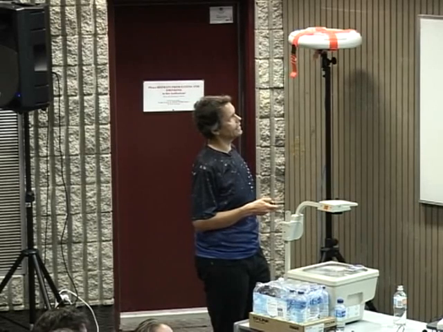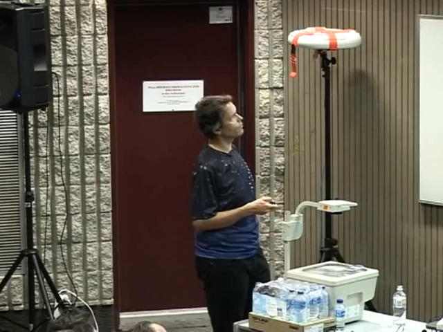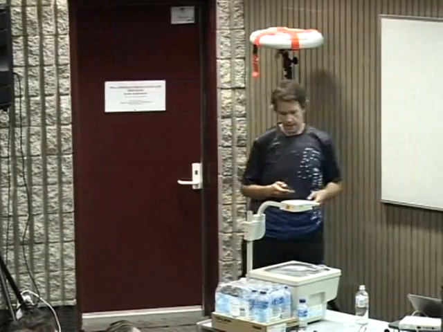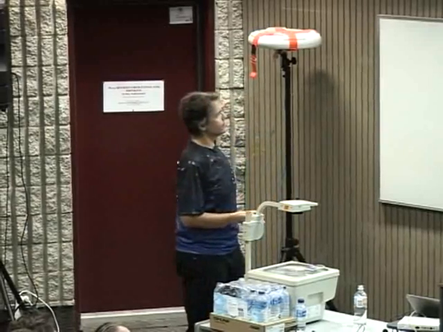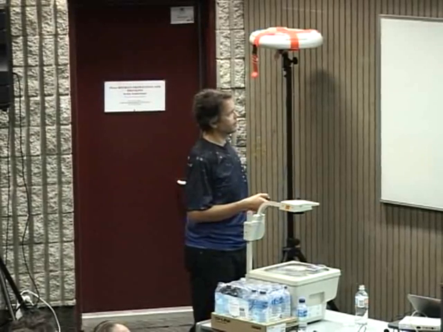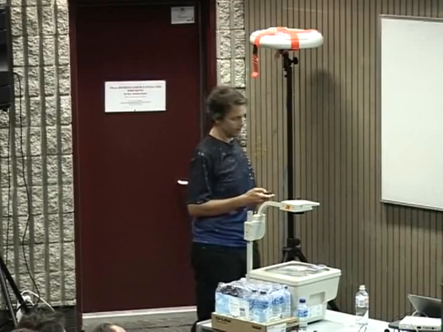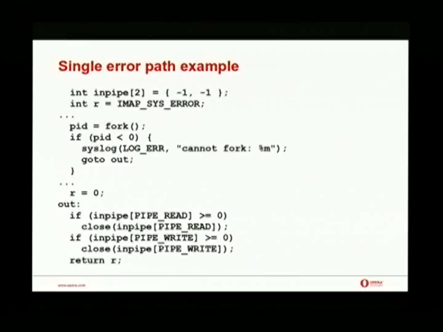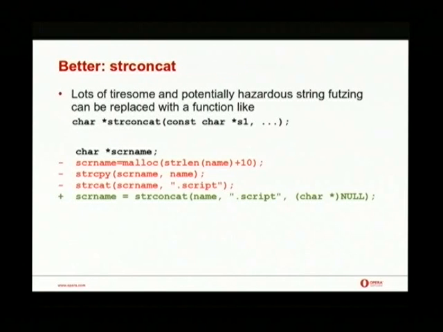And the actual error handling here just basically does whiny, whiny, whiny, go to out. As opposed to the usual thing where you close things, close that, close something else, all of that in there. Of course, this is a wonderful way of breaking running code, so be careful.